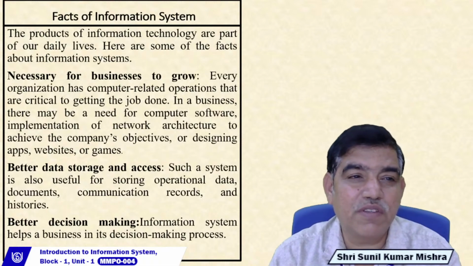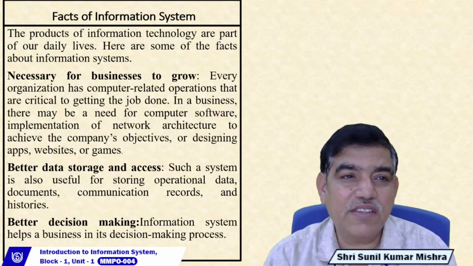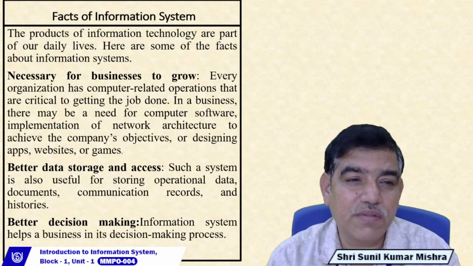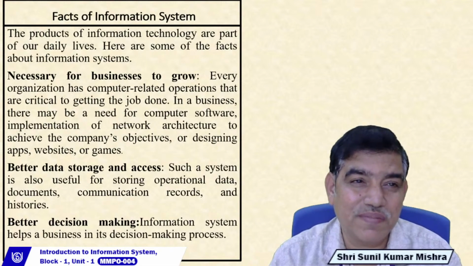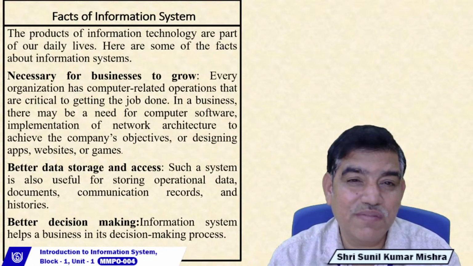Then facts of information system. Facts of information system means how the information system plays an important role in our daily lives. The products of information technology are part of our daily lives. Here are some of the facts about information system.